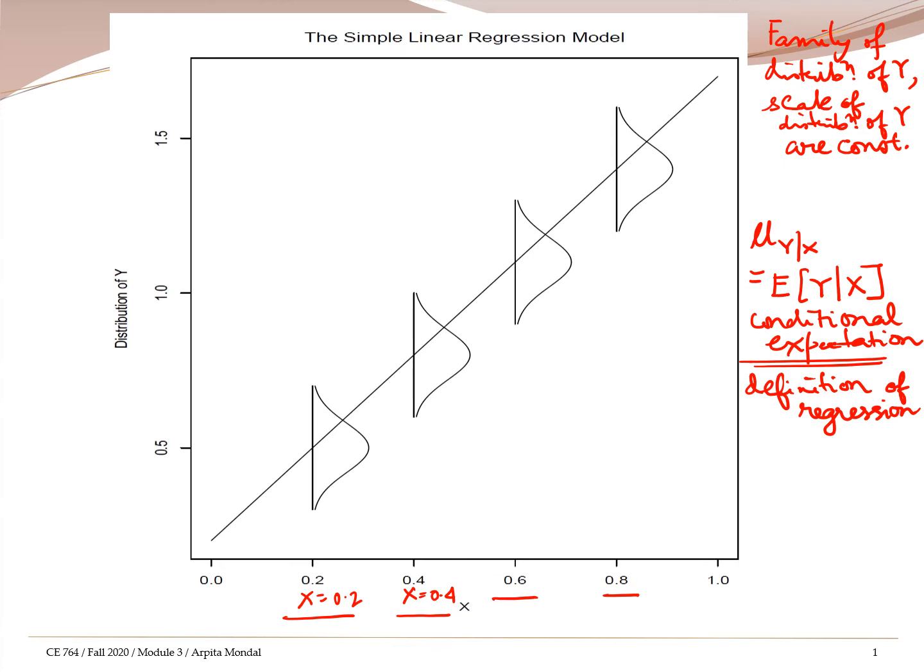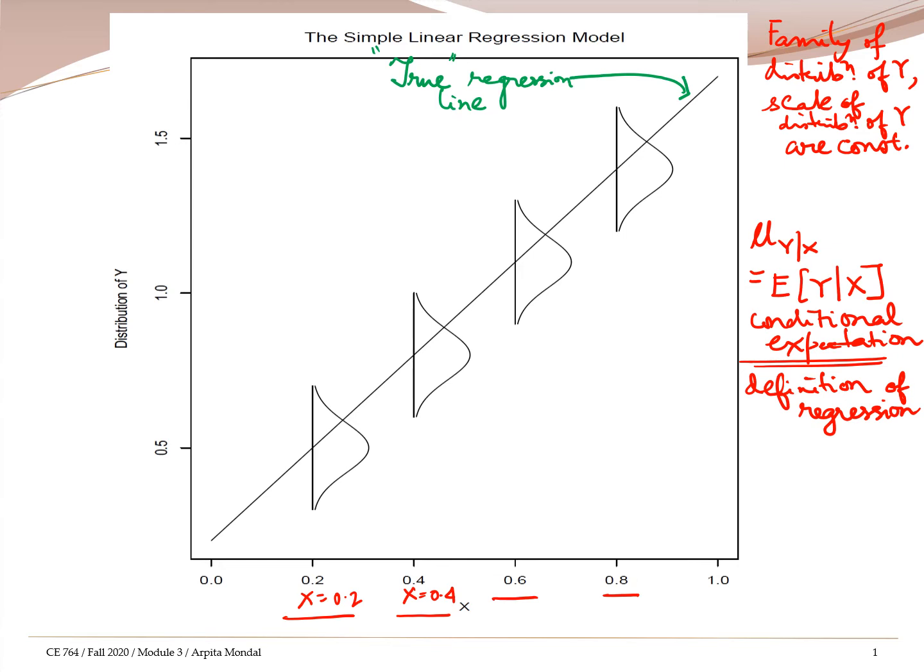These expected values are all connected along this straight line, right? So this straight line is actually the true regression line, also called the population regression line.